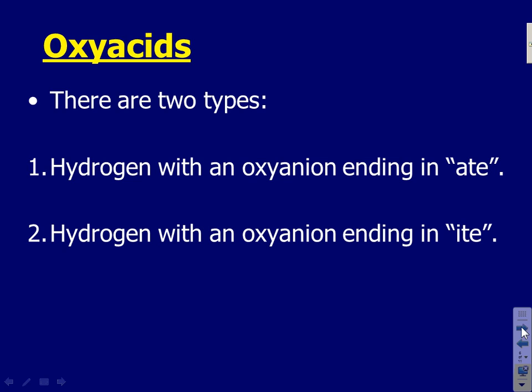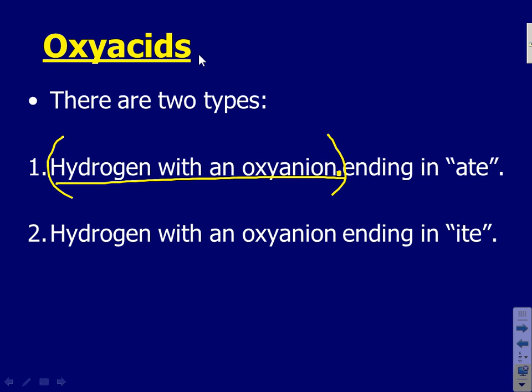The first ones that I'm going to have you do, actually, let's write down oxyacids, please. And instead of writing down that there are two types, just write down in oxyacids, hydrogen with an oxyanion. Just write that statement right there. It doesn't even need a number.